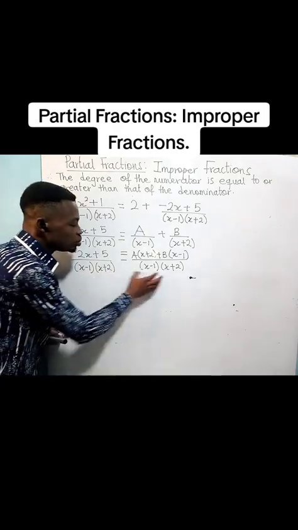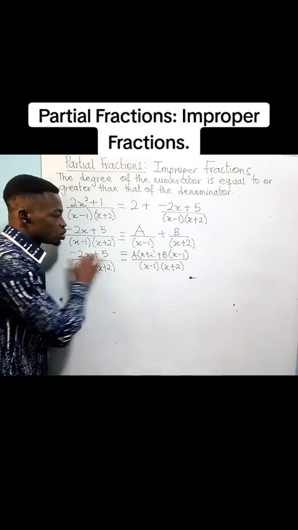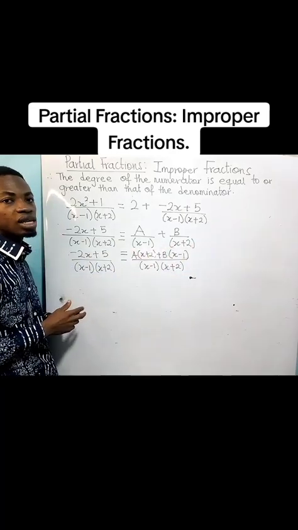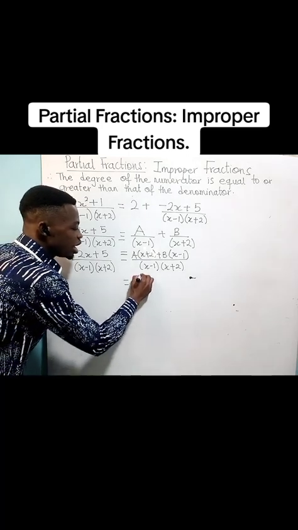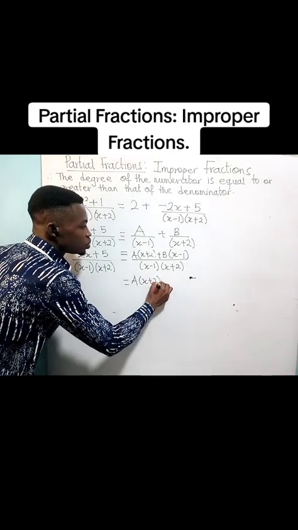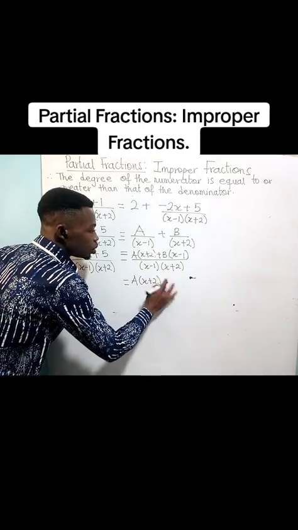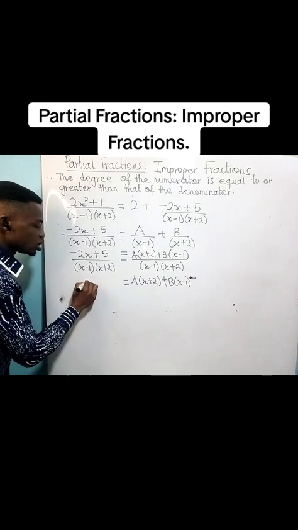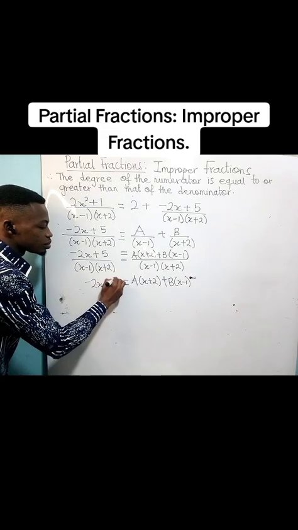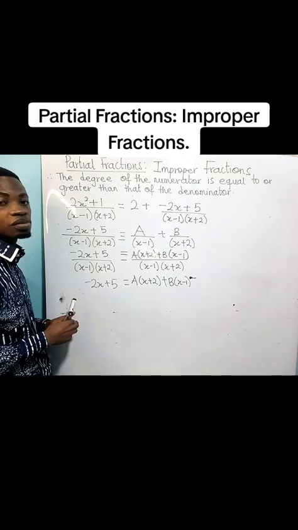Now, since the denominators are the same, we can equate the numerators and solve. So as we continue, we have A into bracket x plus 2 plus B into bracket x minus 1 is equal to negative 2x plus 5.